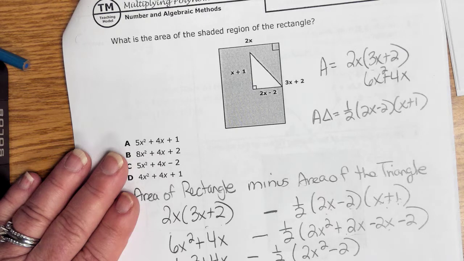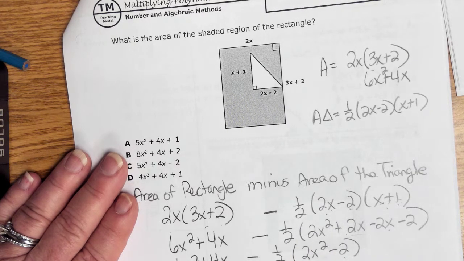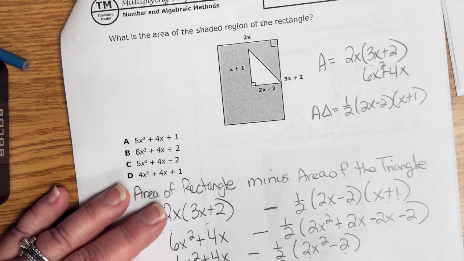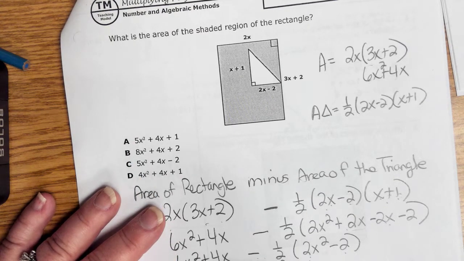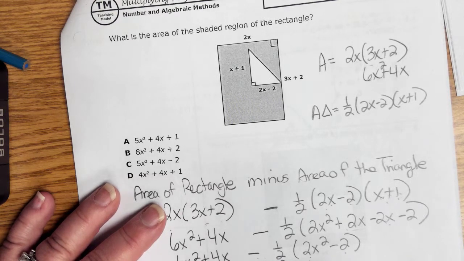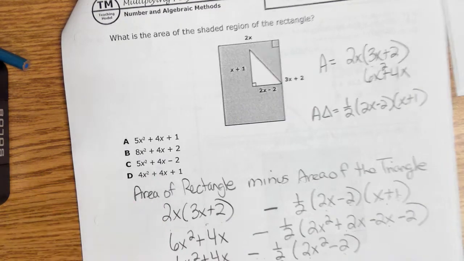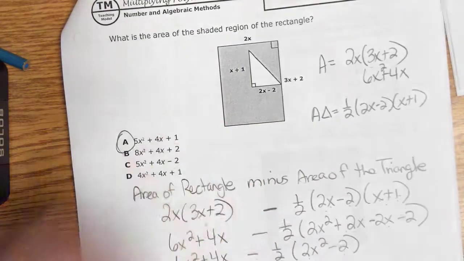Do you agree? A negative 1/2 times minus 2 gives me plus 1. So 6x squared minus x squared is 5x squared. 4x, I don't have anything to combine with it, plus 1. There's my answer. Yes, it's A.